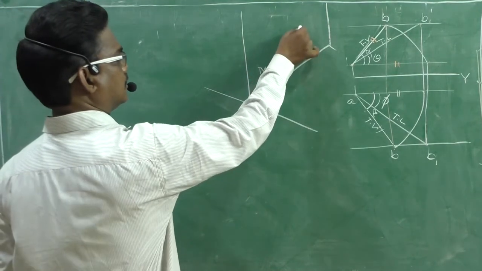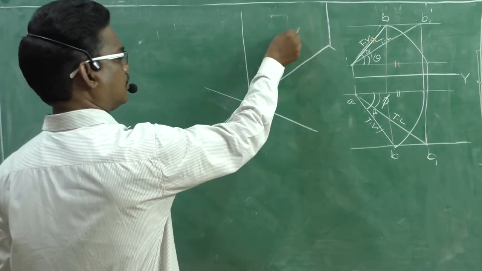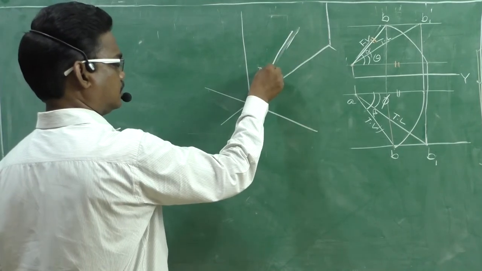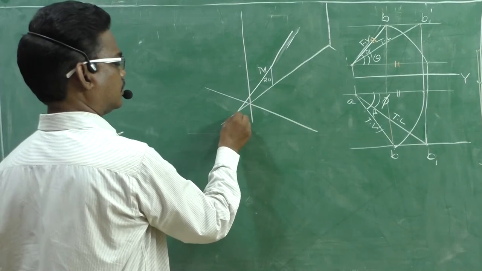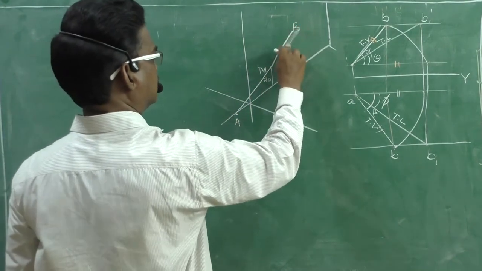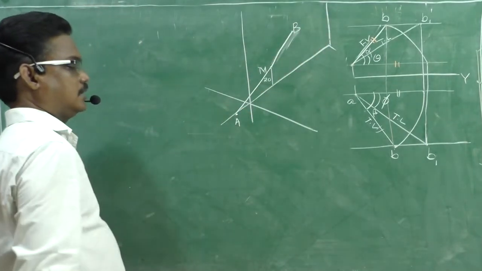After that, half length 50 mm, and this is 50 mm. Let it be A, this is B. B is in the first quadrant and A is in the third quadrant.